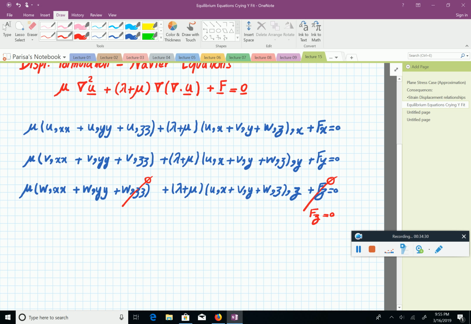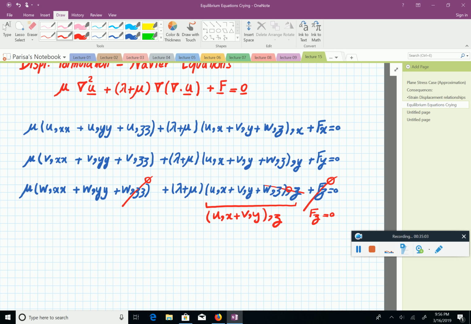How about here? Similarly here, the second derivative will be also 0. So this term will be reduced to just u comma x plus v comma y, comma z. Anything else here that is 0? Well, not really.